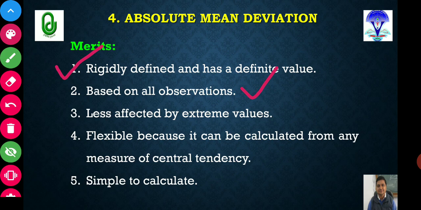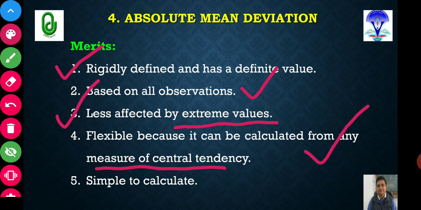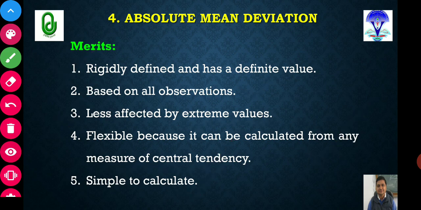It is less affected by extreme values because it does not depend only on the extreme values. It is also flexible because it can be calculated from any measure of central tendency. It is not necessary that you should always know the mean or median or mode. Any of the measures of central tendency can be used, and it is simple to calculate. So these are the merits of absolute mean deviation.